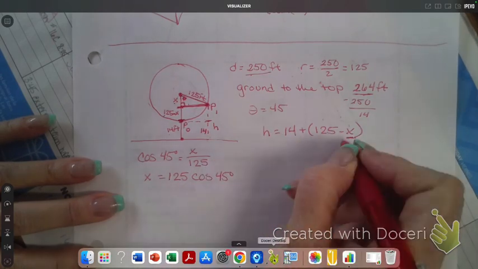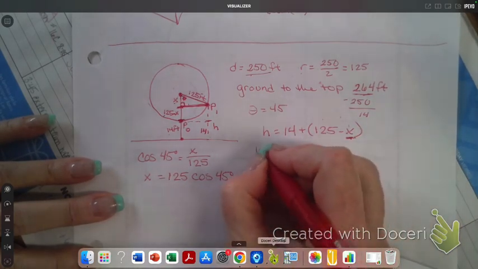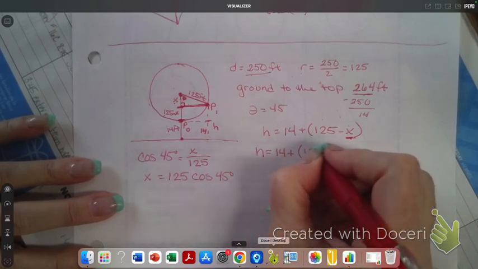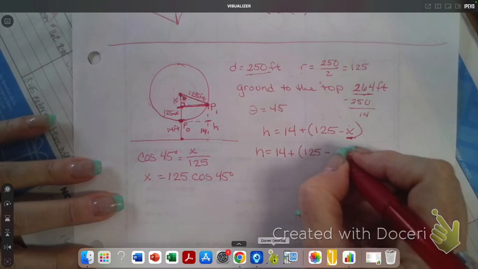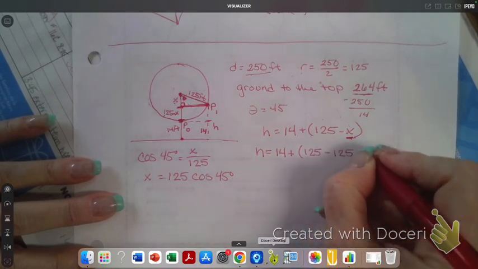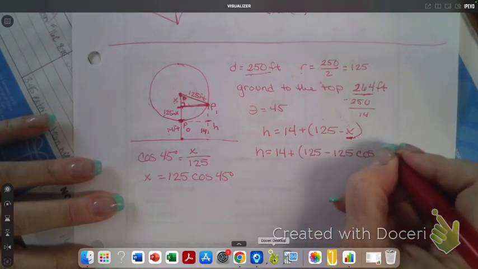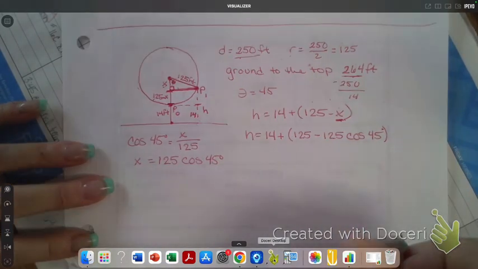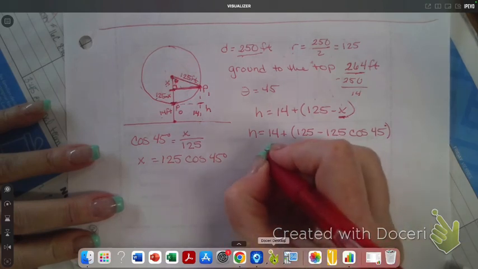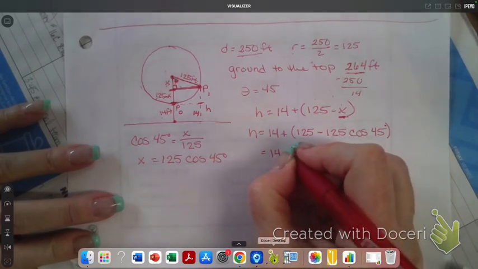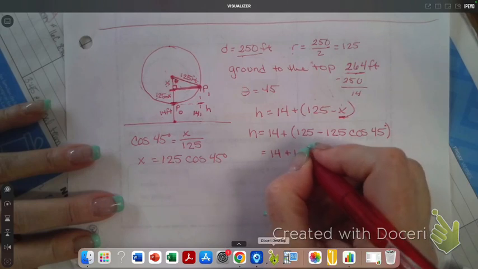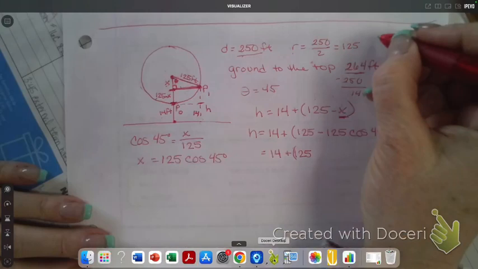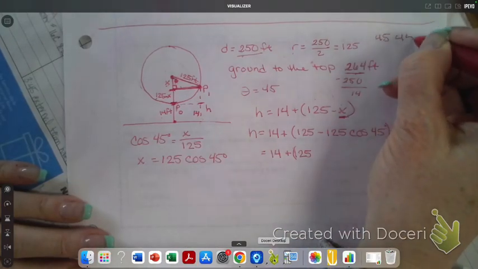So I can put that in here, yes? So h equals 14 plus 125 minus 125 cosine of 45. Well, you know the cosine of 45 degrees, yes? Or should know it. 45, 90.